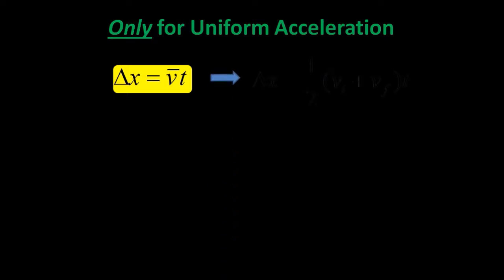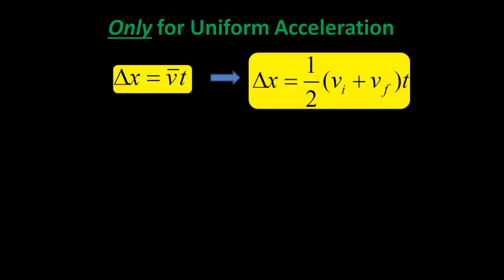So if we happen to have uniform acceleration, and remember, these formulas do not work if the acceleration changes in any way at all. They don't work at all. Since we know that displacement is average velocity times time, that of course is always true, then that means we can replace average velocity with the initial velocity plus the final velocity divided by 2, which I changed to a multiplication problem instead of a division problem.